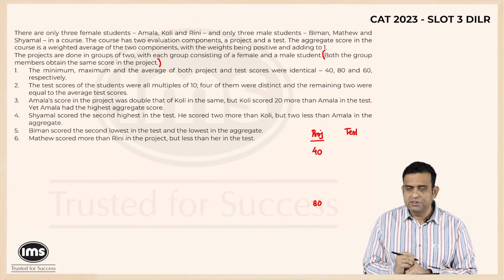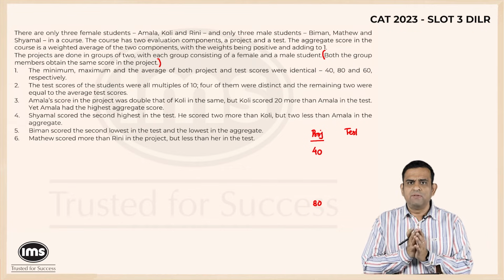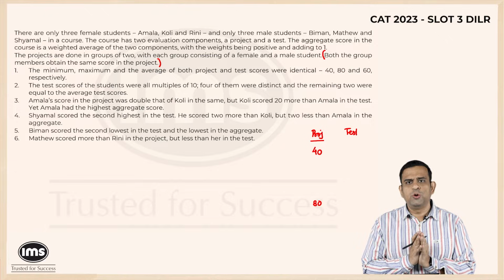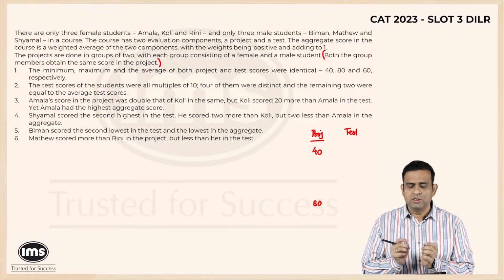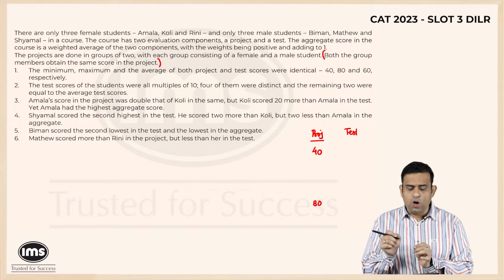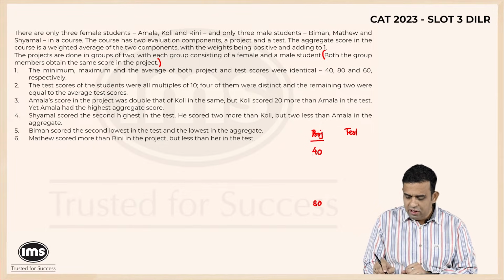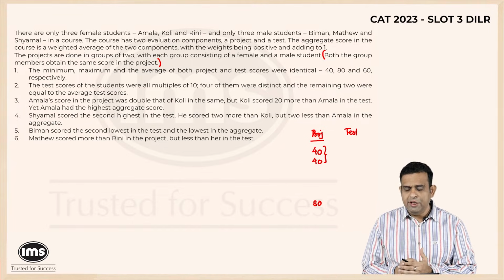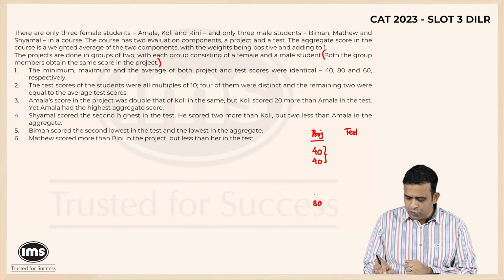Max is 80. And understand, if someone has got a score of 40, then his or her teammate is also going to score a 40 as well, because they have told us both the group members obtain the same score in the project. So if one has got a 40, one other person is also going to get a 40. Again, if someone has got an 80 in the project, his or her teammate is also going to score an 80.